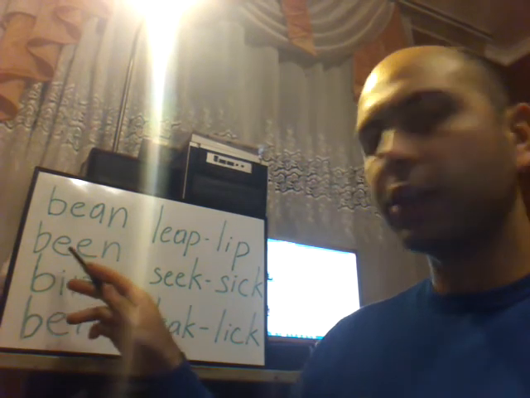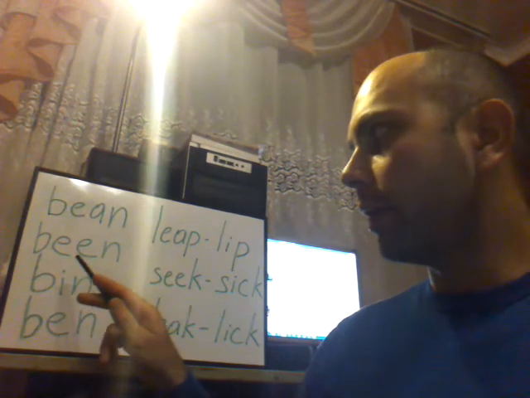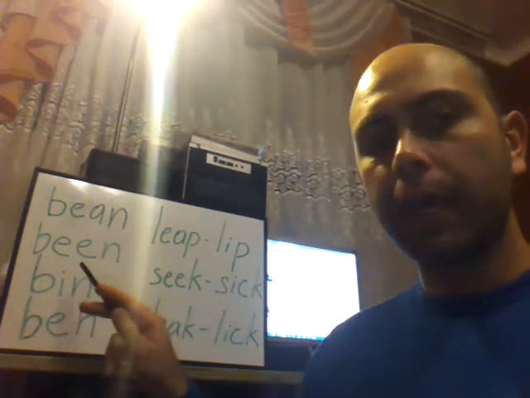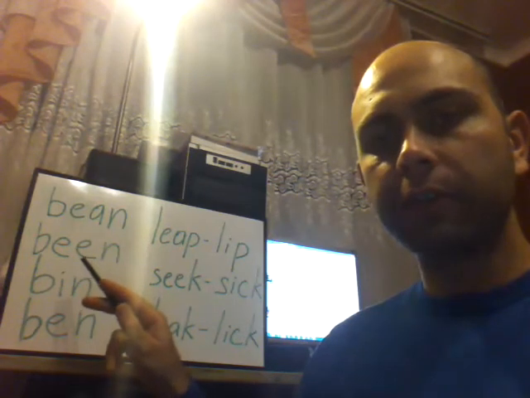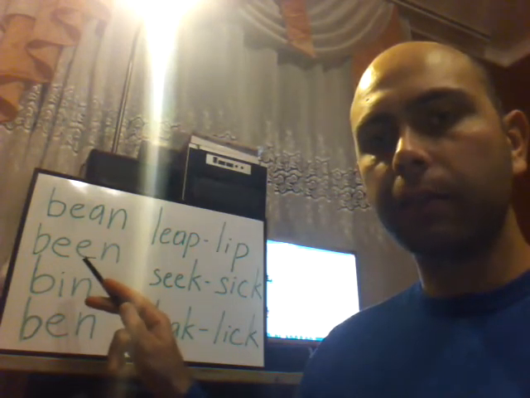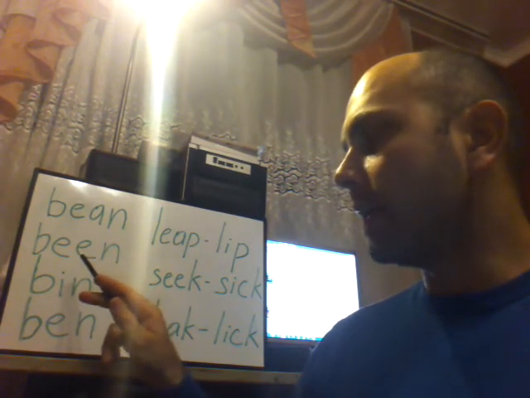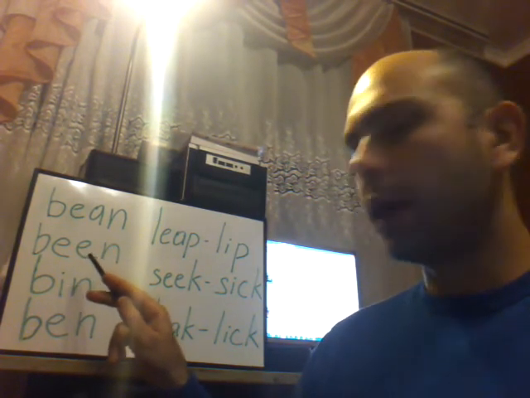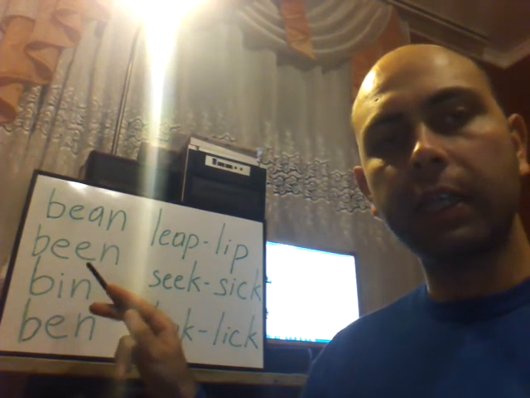And then the next word is actually the word that I wanted to talk about tonight. It's the word, as I pronounce it, been. And most native speakers from the United States of America pronounce it as bin. It's the verb be in past participle form, and it's used for forming present perfect and present perfect continuous tense.